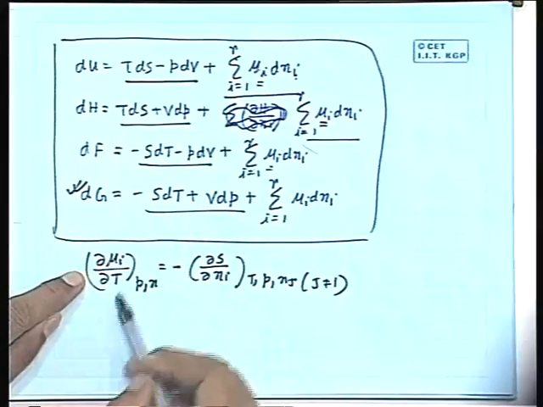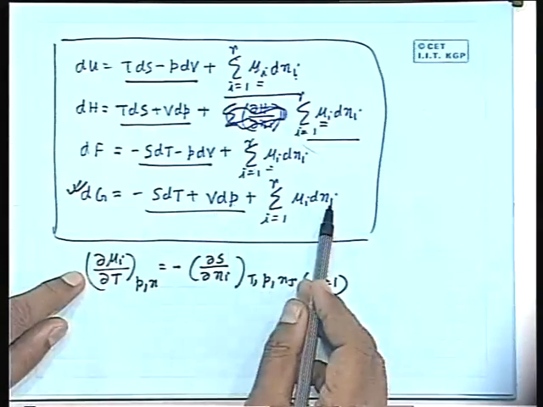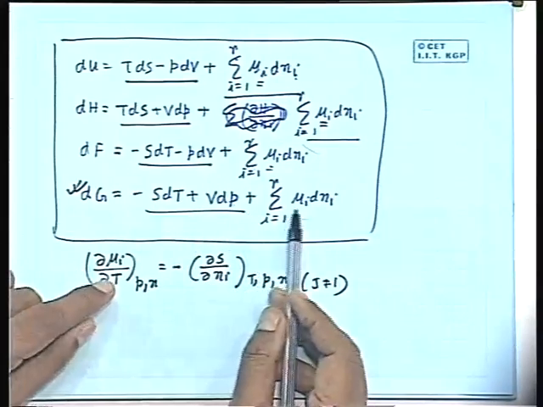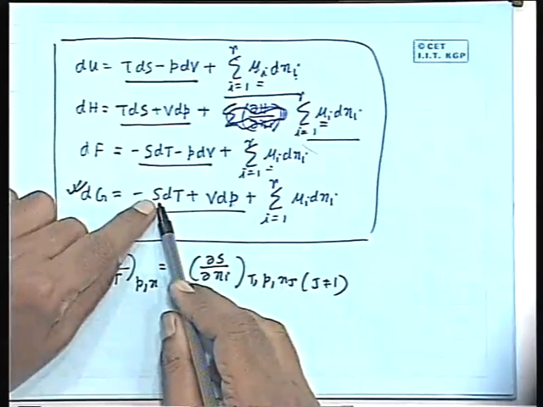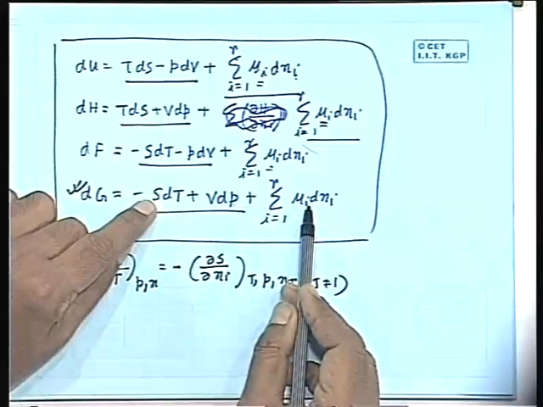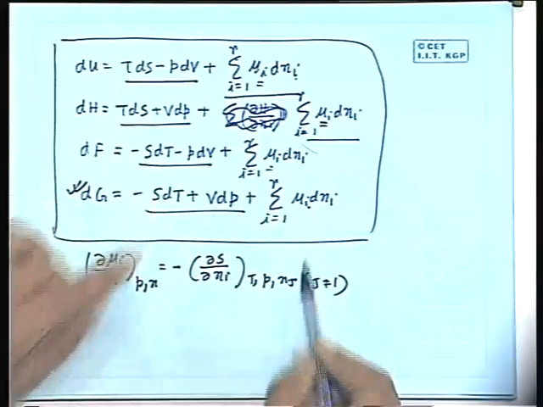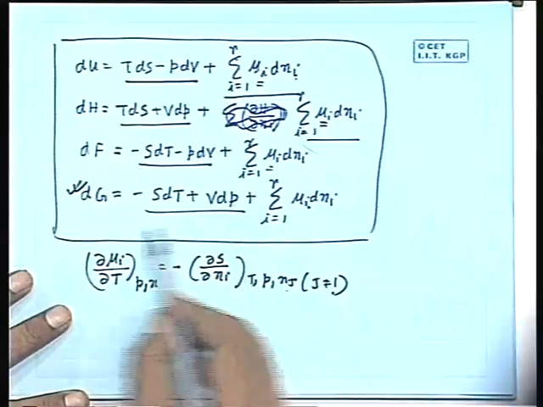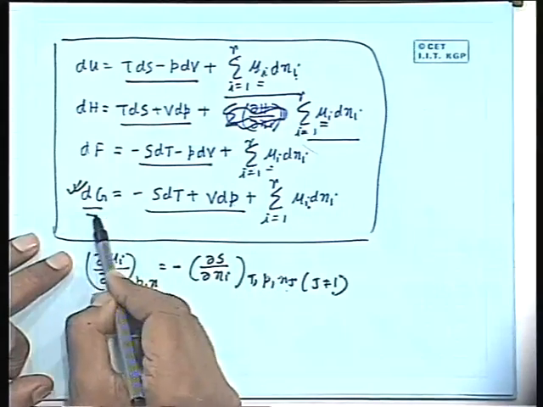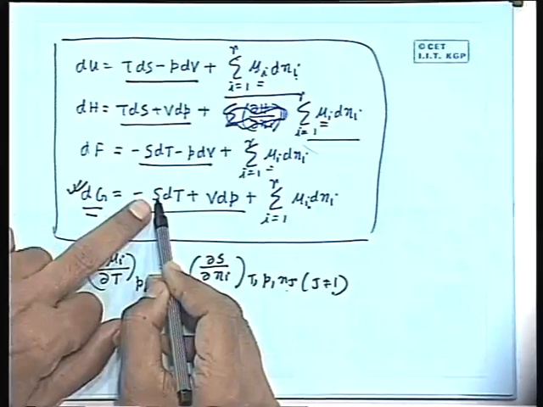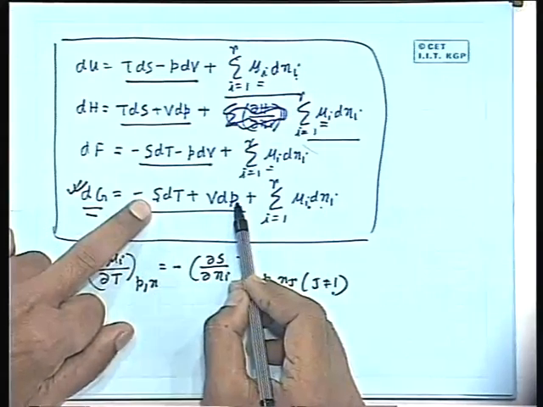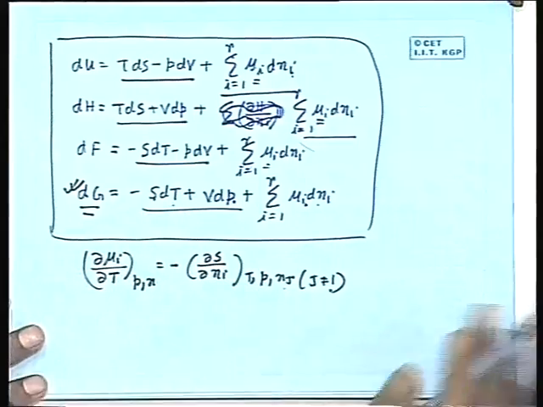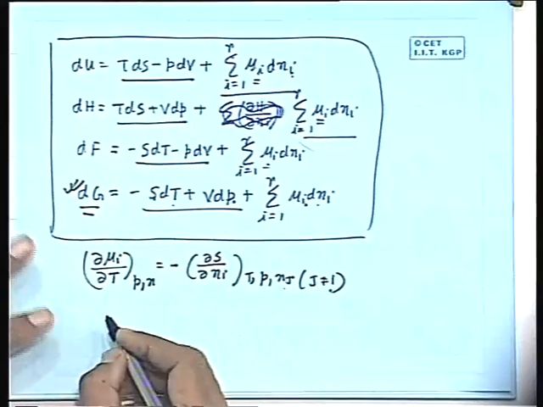Del mu i del T at constant P and n will be equal to minus del S del n i, at constant T, P and other n j. It is just a cross differentiation, as you know, a property of exact differentials: if dG is the exact differential, then differentiating this with respect to another variable will be equal to differentiating that with respect to this variable, as we have already recognized earlier when deriving other property relations.